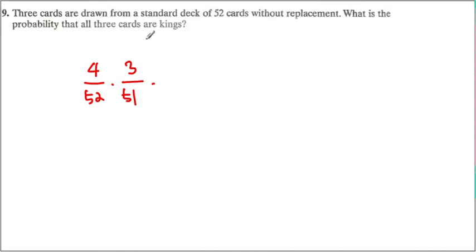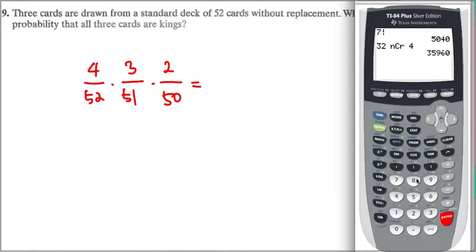Now, next one also has to be a king. Then how many kings do we have? We only have 2 choices out of 50. So that's basically what we have. Then once you calculate this one, let's try to do that. 4 divided by 52 times 3 divided by 51 times 2 divided by 50.